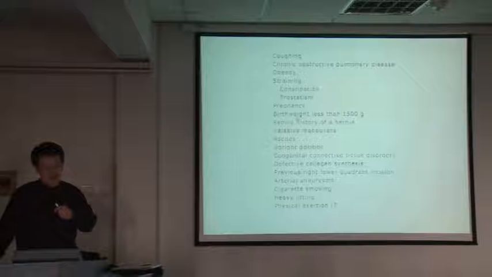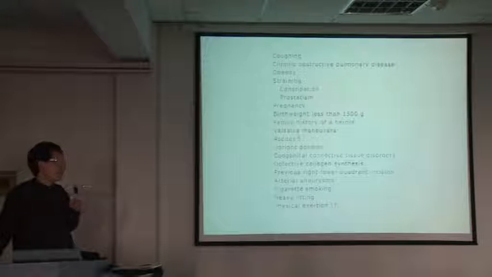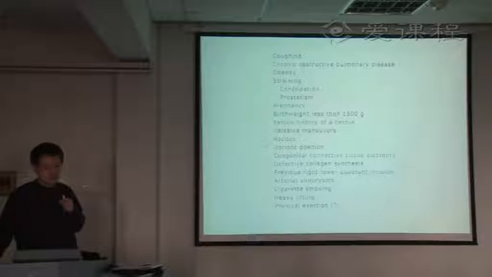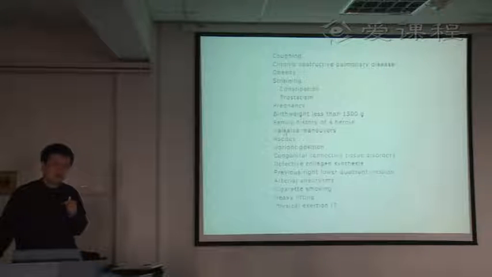The body weight, high body weight, family history. So I think the most important reasons in the clinic are coughing, constipation, pregnancy, ascites. Because usually in clinics, the older people all have these problems.